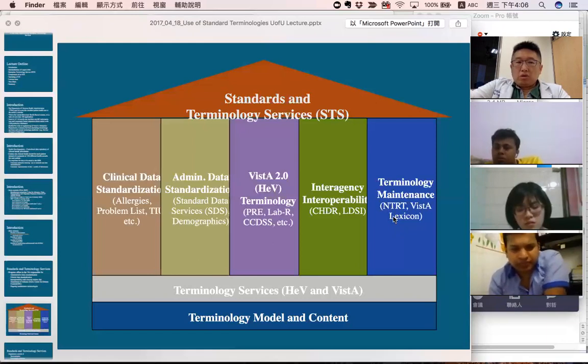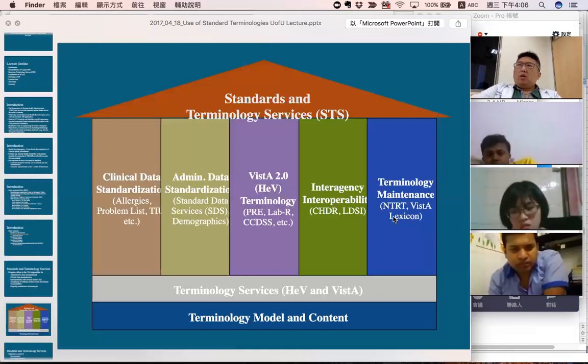We all know that mostly worldwide we are using the ICD-9 system, but the US is thinking of moving from ICD-9 to ICD-10. Originally, their roadmap, I forgot the time, I think it's around 2015 or something.